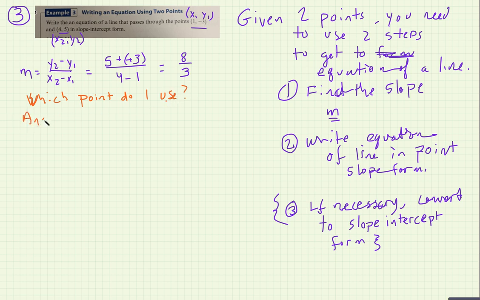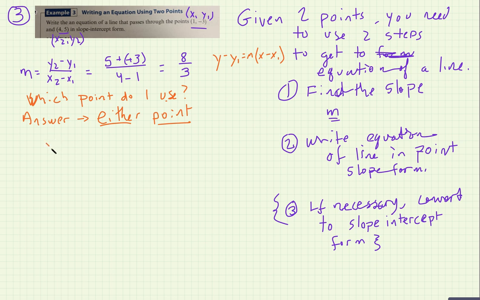And the answer is either point. So we'll use both points just for fun. Remember, the equation of our line is y minus y1 equals m times x minus x1, but it could be y2 and x2. We could use either point.